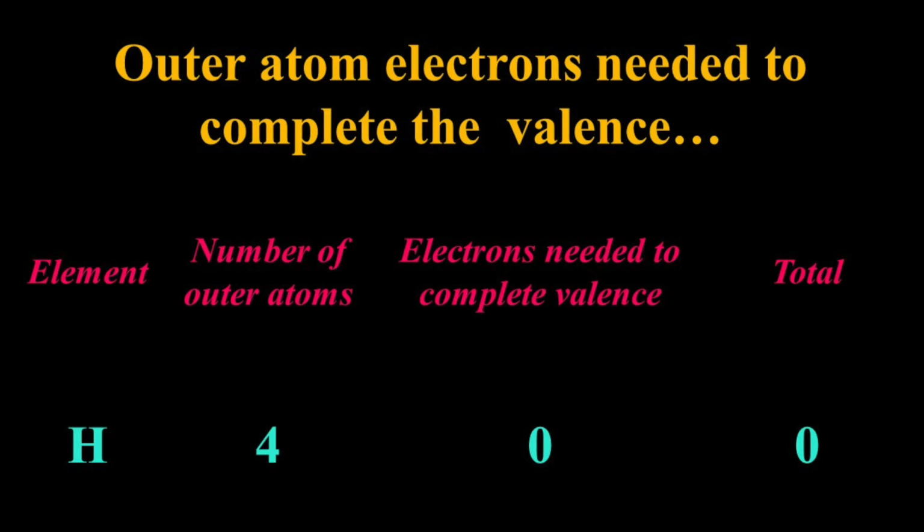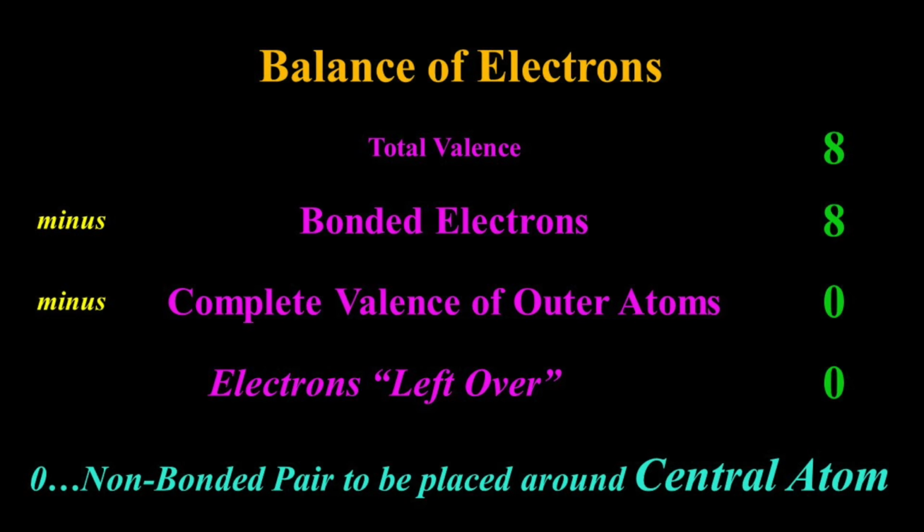Hydrogen does not need any additional electrons to complete the valence. And we have 0 non-bonded pairs to be placed around the central atom.